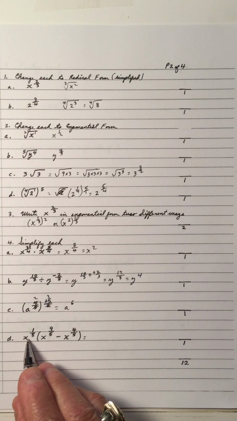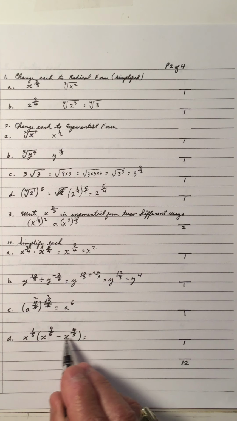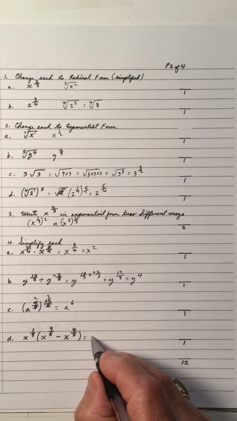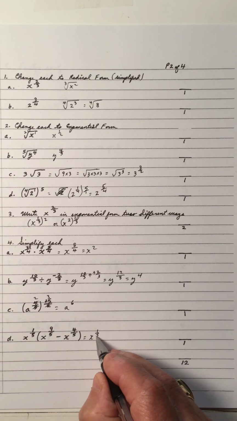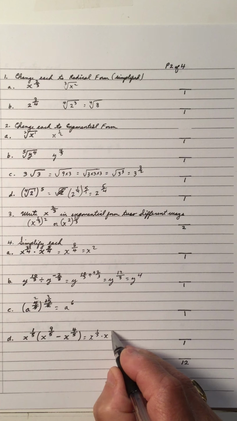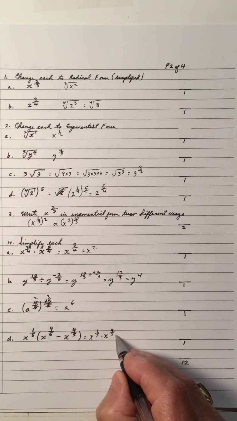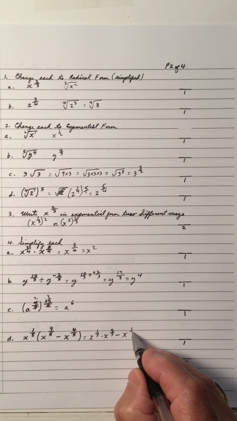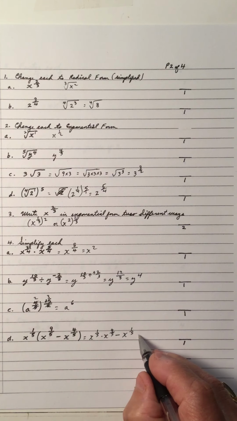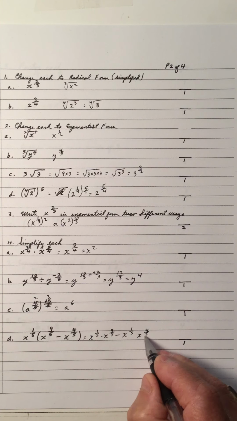D. What we have is the x to the 1/5 being distributed through these two terms in here. So we get x to the 1/5 times x to the 9/5, subtract x to the 1/5 times x to the 4/5.